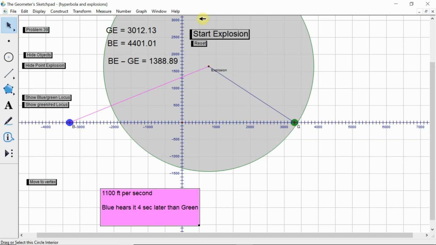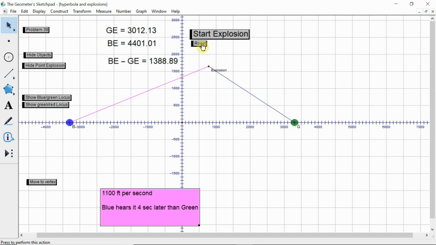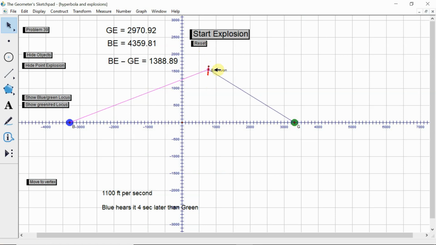Now, that's assuming that you knew the explosion was in this spot. And the whole point of this was that you didn't know where the explosion was. So if I hide this point and just say this explosion is somewhere, and right now this is a potential possibility for it, all I need is that the difference of these segments maintains this distance that we're talking about.